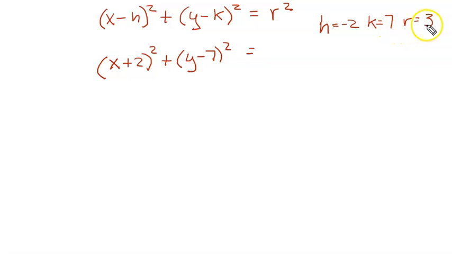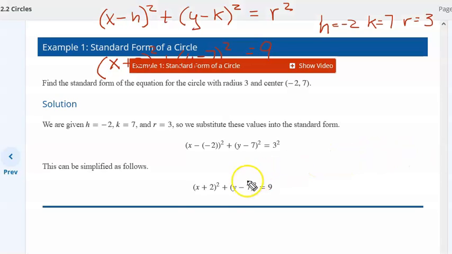And our radius is 3. So 3 squared is 9. So we have taken some raw data and put it into the standard form of a circle. Now let's go back. And there we see it.